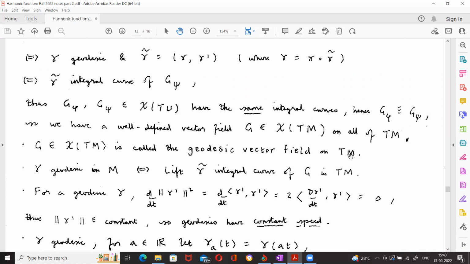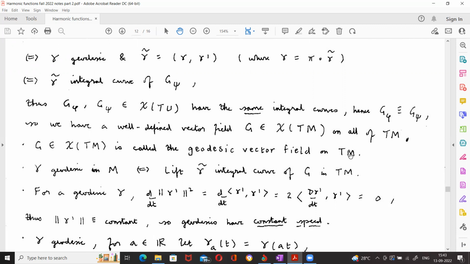Okay, so to summarize, geodesics, which corresponded to a second order equation on the manifold, when you lift to the tangent bundle, taking the natural lift, the lift becomes an integral curve of a vector field on the tangent bundle. That means the lift satisfies a first order ODE.